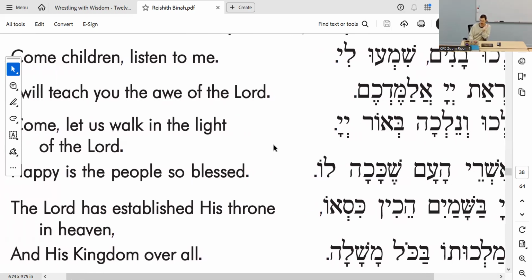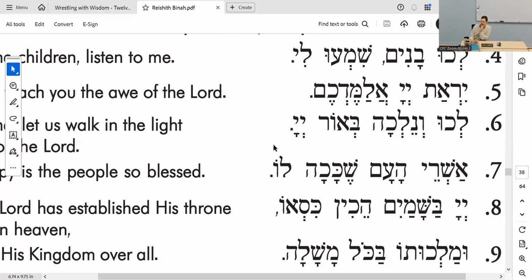Maybe you've heard this before: "Happy is the people so blessed." Not exactly the way I would translate this, but kacha is like how I say "thus."